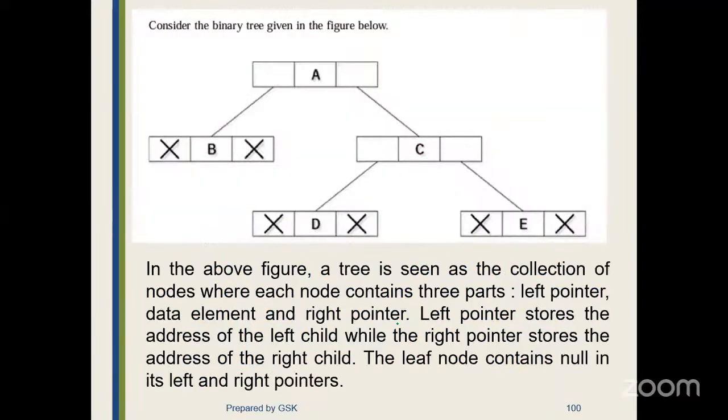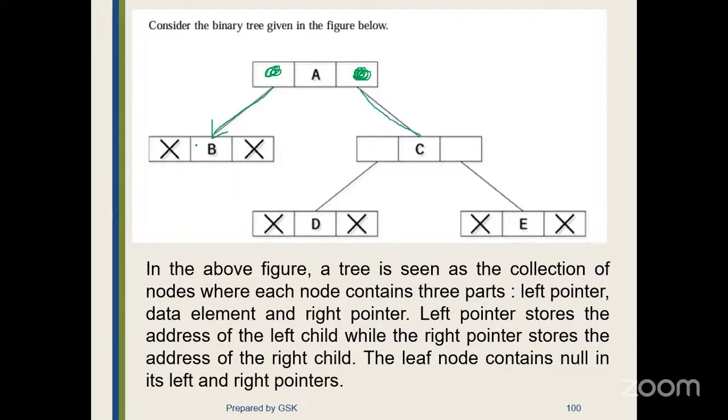See this, the representation with the linked list. As we said, every node contains three parts. The left part contains the reference to the left child node. The right part contains the reference pointer or address of the right child.